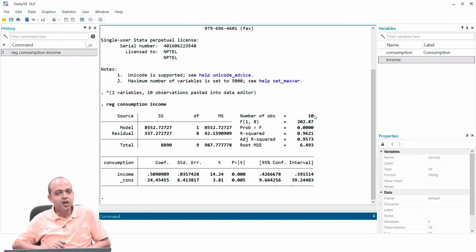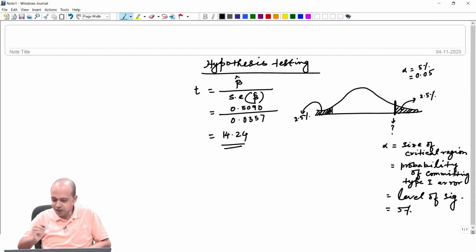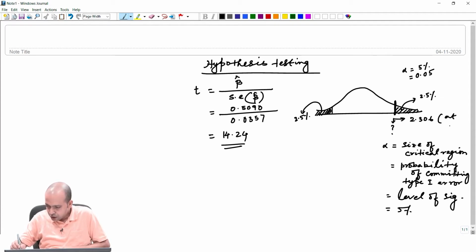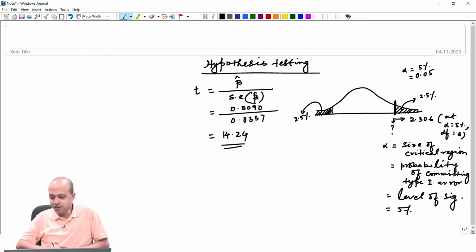So, what you have to see is, at 8 degrees of freedom and 5% level of significance, what is the value of t? This is equal to 2.306 at alpha equals 5% and degrees of freedom equals 8. At 8 degrees of freedom, this is 2.306.